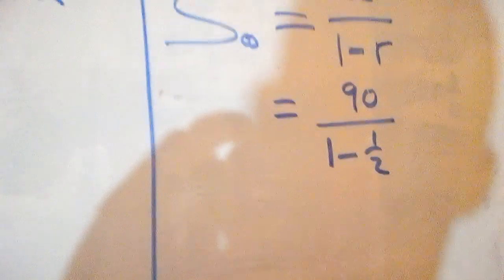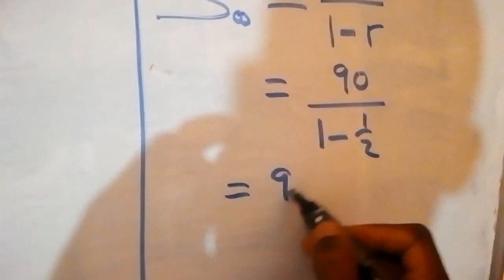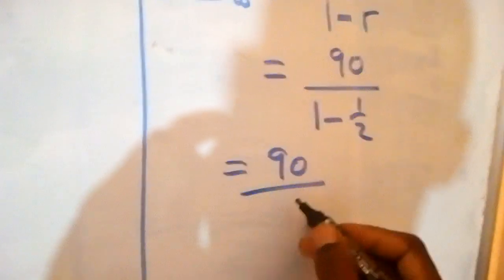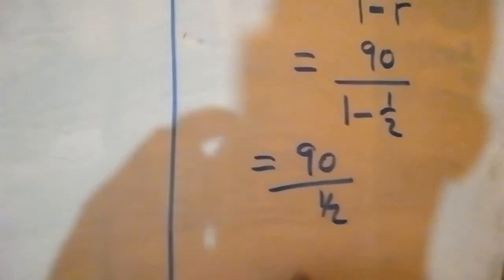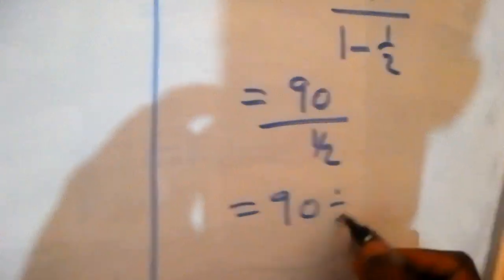Take note. Then we're going to have 90 divided by 1 minus 1/2, which is a half, and this can also be written as 90 divided by 1/2.